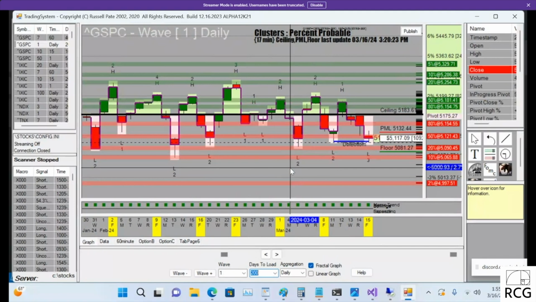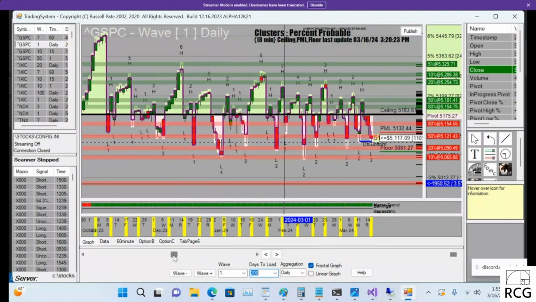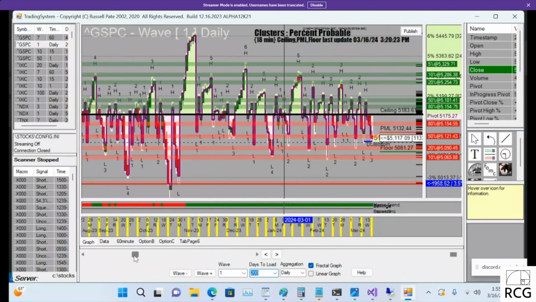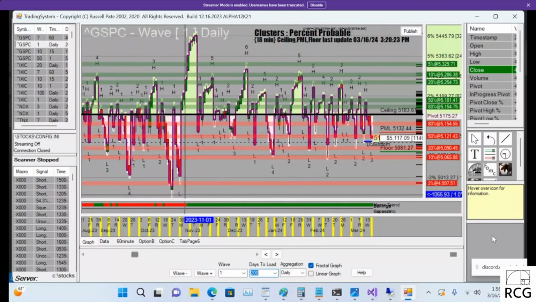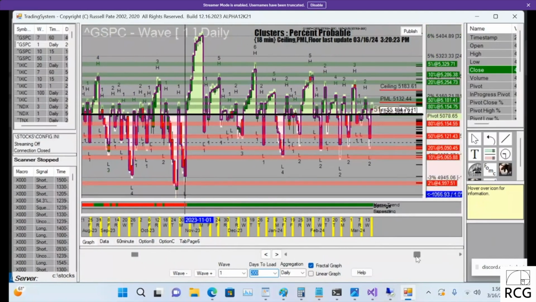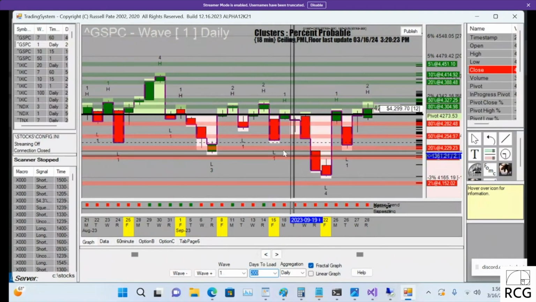Well, your measurements get kind of messed up, because that inside day didn't create a high or a low. So you get this skew. On the fractal thing, sometimes, see this, there's not a defined H or L value because it didn't create a high and it didn't create a low.